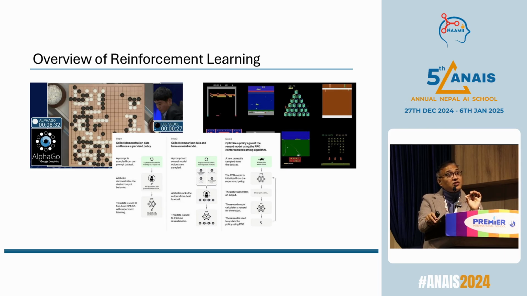RL is found to be very good in sequential decision-making problems. For example, even if you see this game, or all these games, not only these games but other examples also, if there is a sequence of making decisions, you make a decision, you get something, and you move on.